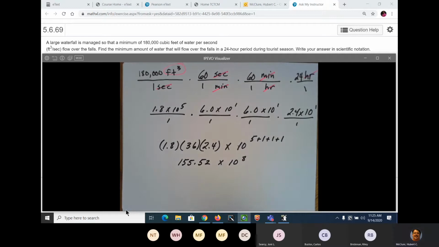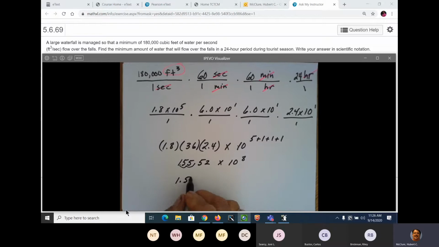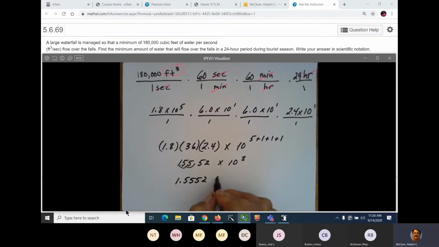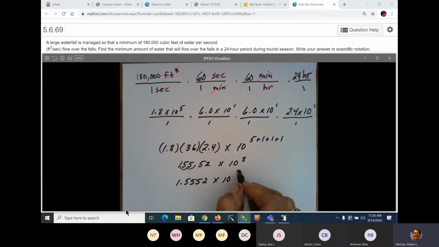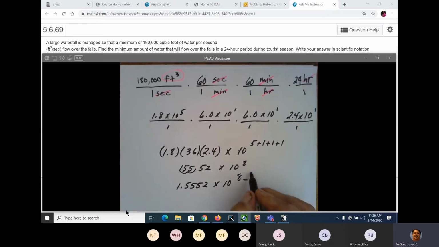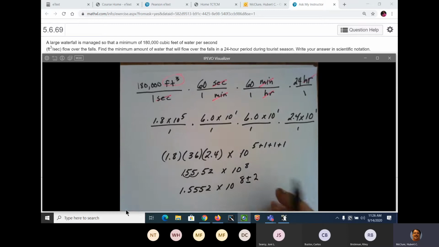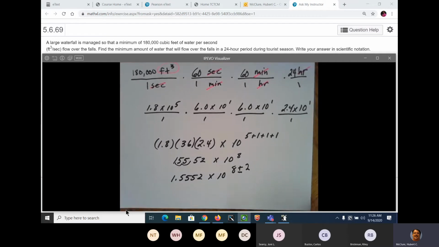Well, I've got to move this decimal 1, 2, so that's 1.5552 times 10 to the 8 plus 2. And I got to move this in my head to get it to the right, so that's going to be a plus. So it's the final answer in scientific notation, times 10 to the 10th power. Now let's see what the directions say.